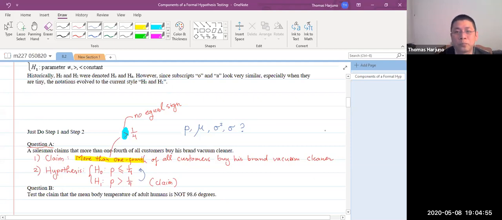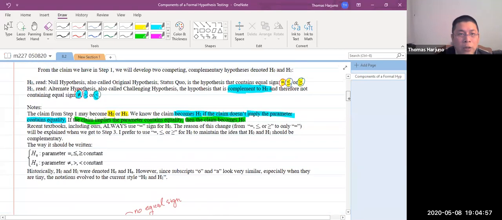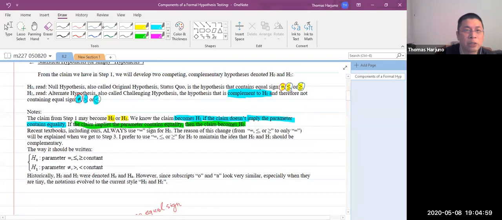Now let's go back to the theory. In recent textbooks, including our textbook, they always use the equal sign for the null hypothesis. Compared to the old statisticians, who used the equal sign, less than equal to, or greater equal to, now they use the equal sign only for the null hypothesis.